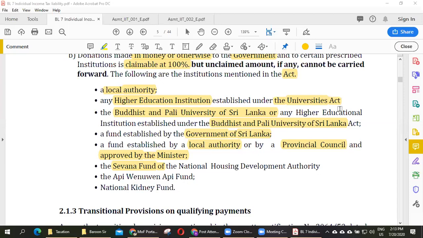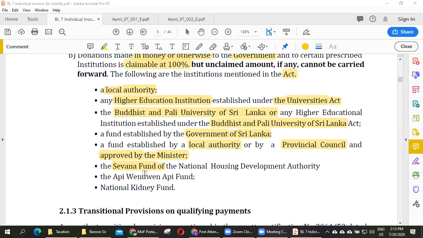The donation should be in terms of money, right? But in case of government donation, no matter whether in terms of money or otherwise, goods or other services, all donation can be considered as qualifying payment.